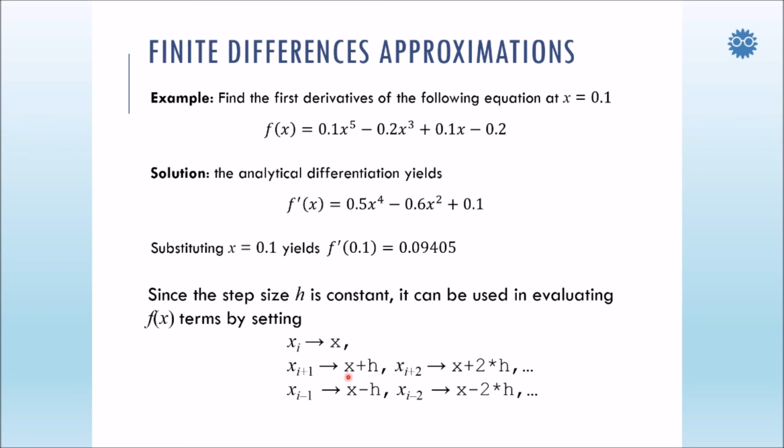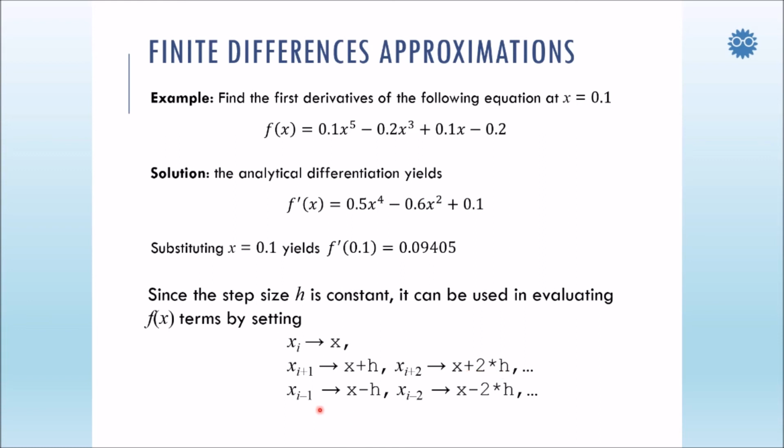Simply imagine that, for example, x plus h here means we are adding h multiplied by this quantity. For example, xi plus 2 will be represented by x plus 2h.